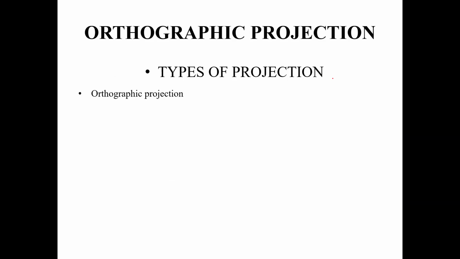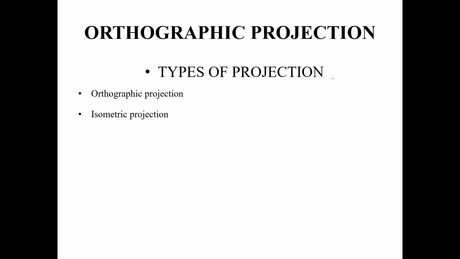Now let us take a look at the popular types of projection. There are several types of projection, and the most popular ones are as follows. We have orthographic projection, which we are going to study in detail in today's class.